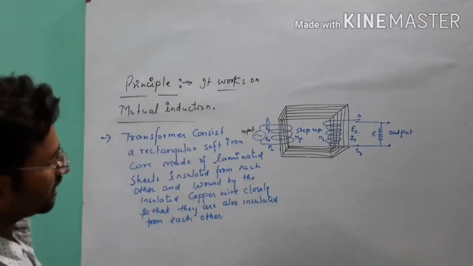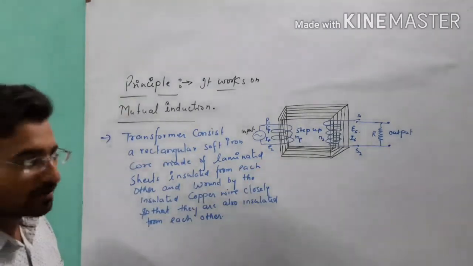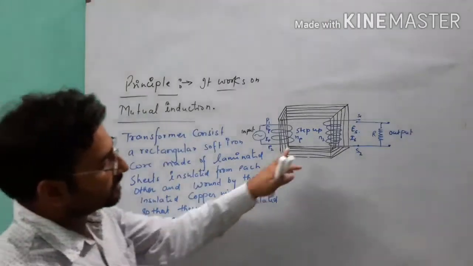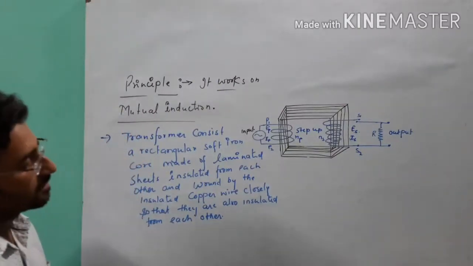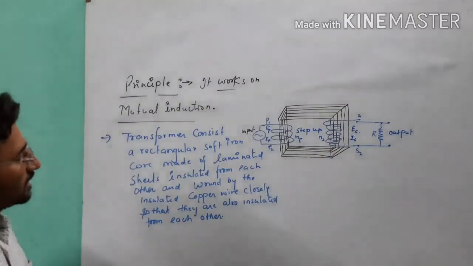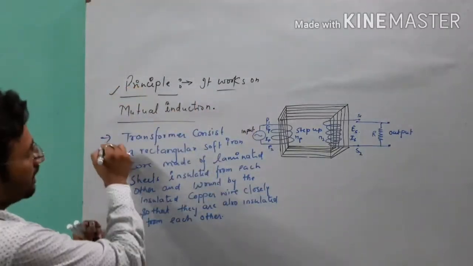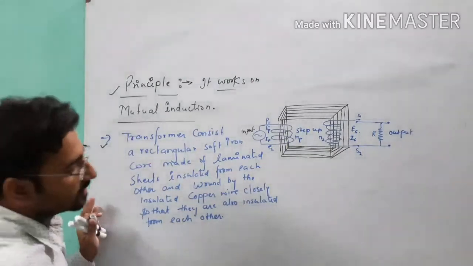So this is the diagram of the transformer. Here I have taken a step up transformer, in which the number of turns in the secondary coil is greater than the number of turns in the primary coil. The principle we have done, and the construction along with this diagram you can add here.